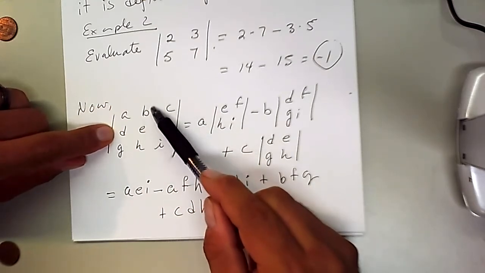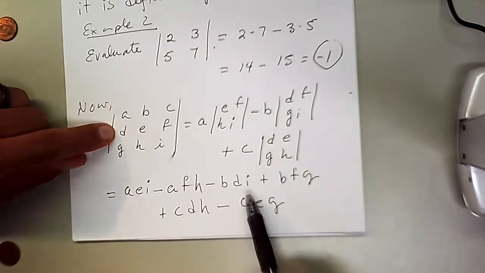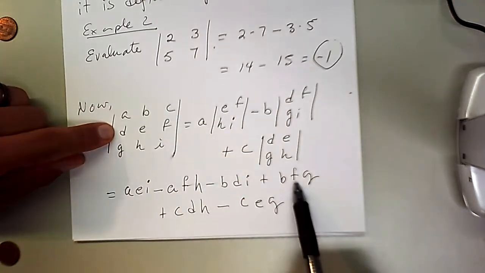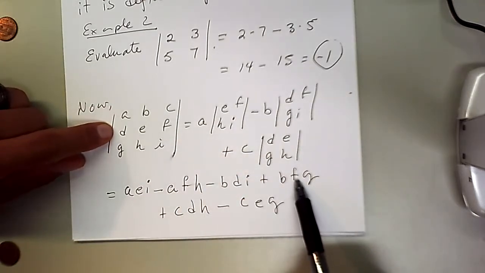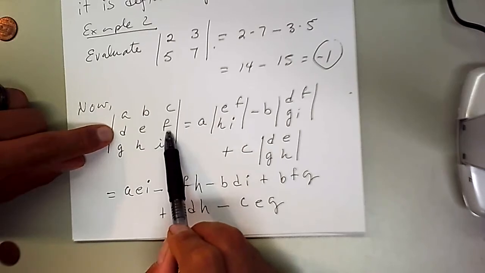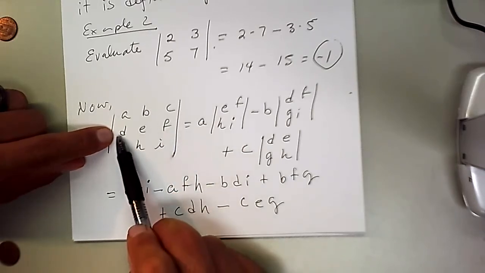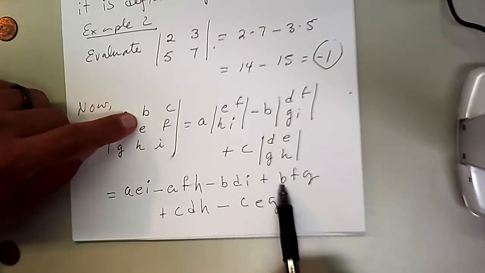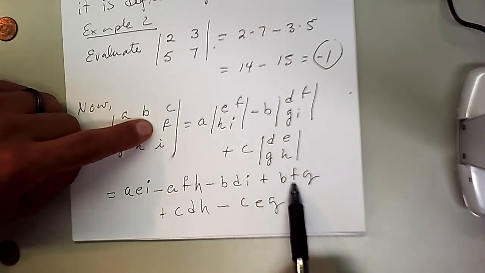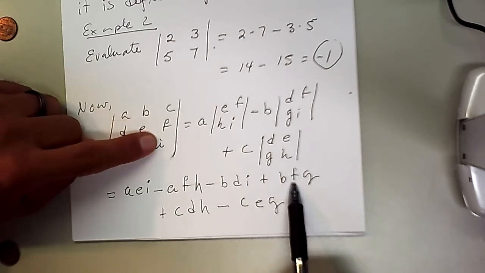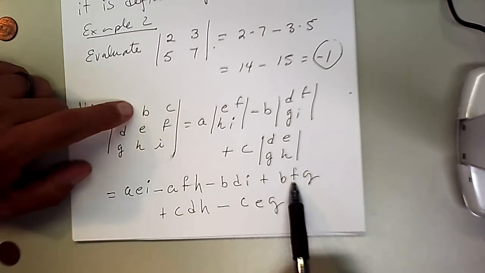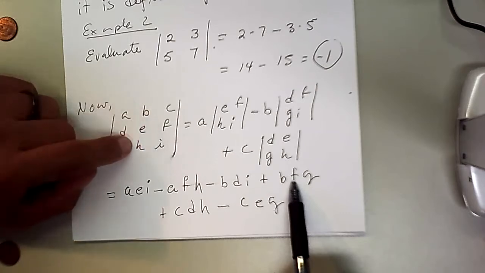So if you start with B, there are 2 that start with B. The reason we have 2 is because the next factor will be an element on the next row that is not on the column of the B, so either D or F. So we went B, F. Then the next element in the product has to be from the next row, which is not in the column of the previous 2 factors, not in the B column or the F column.